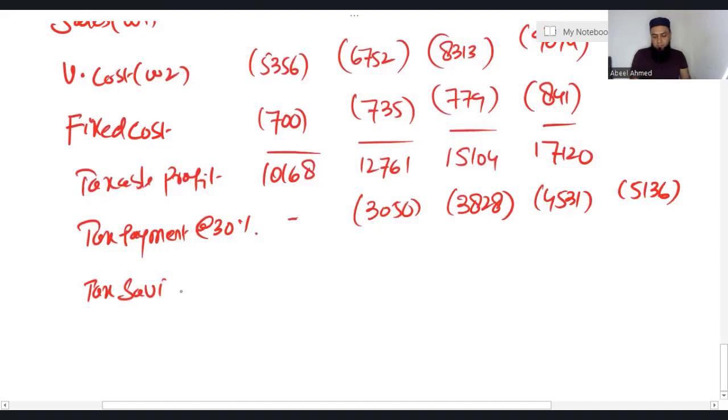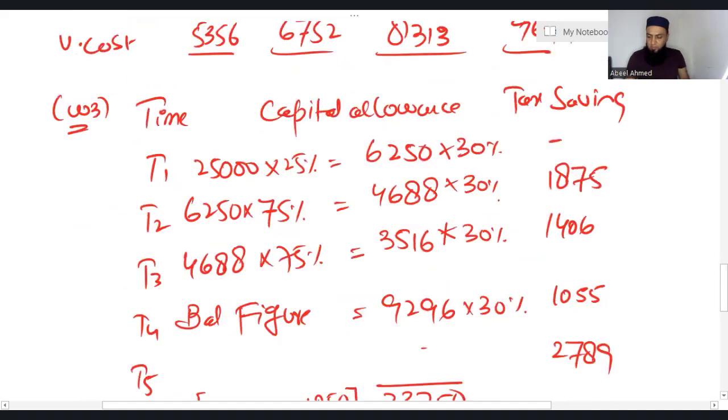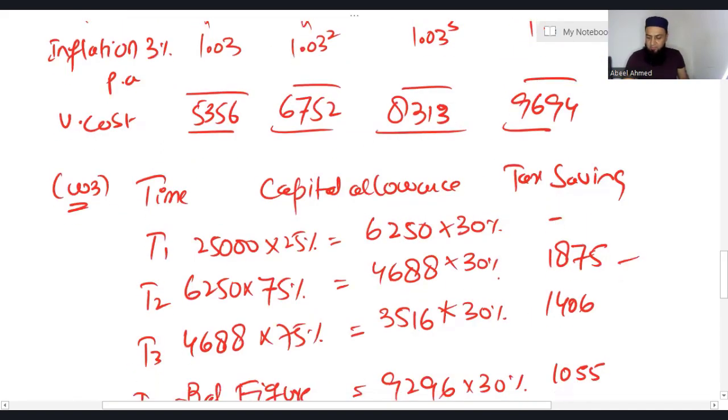Tax savings from capital allowances, tax savings from tax depreciation. Working 3. The first tax saving which we have already computed is 1875.